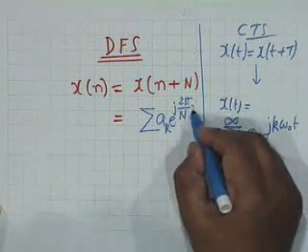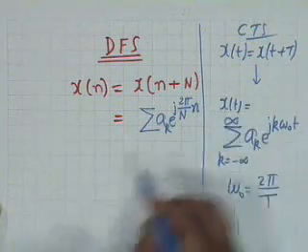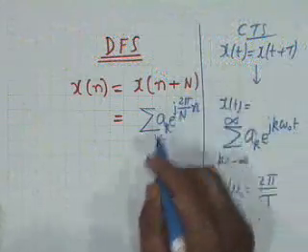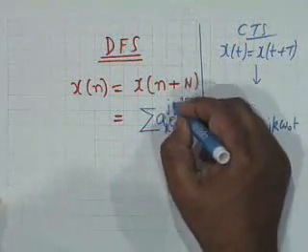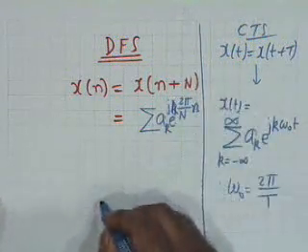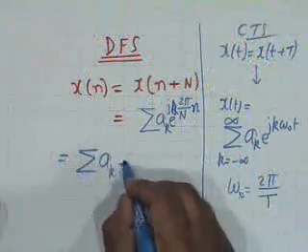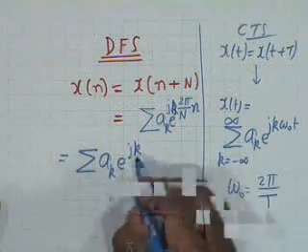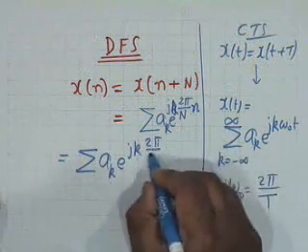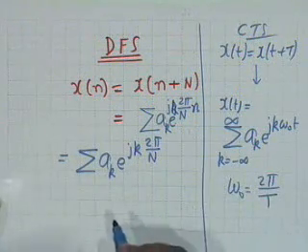This is how we found out. Well, there must be a k, I missed that, j k. Let me write it again. This would be a k e to the power j k, and instead of omega 0, we have 2 pi by N, capital N being the period.